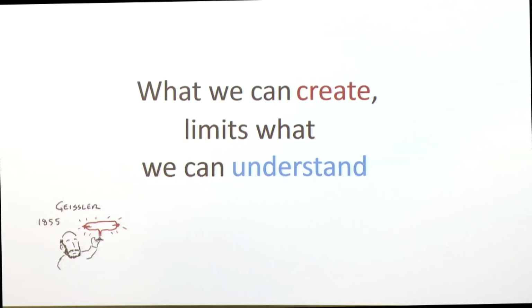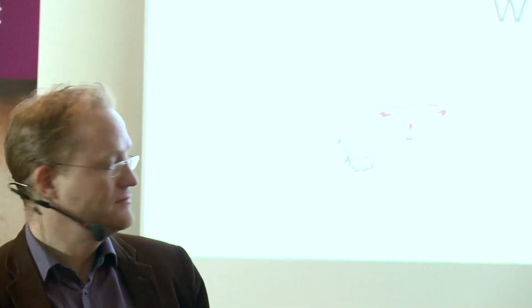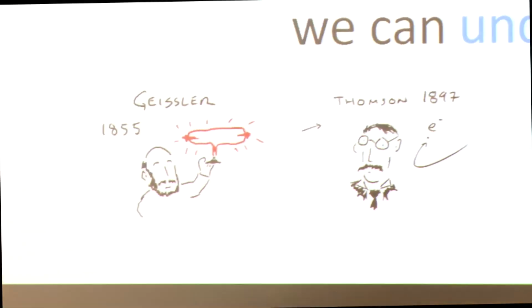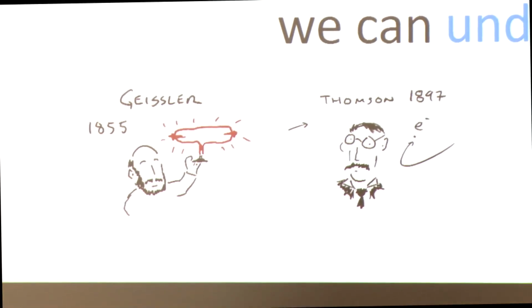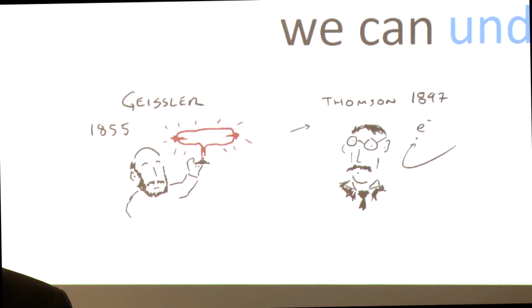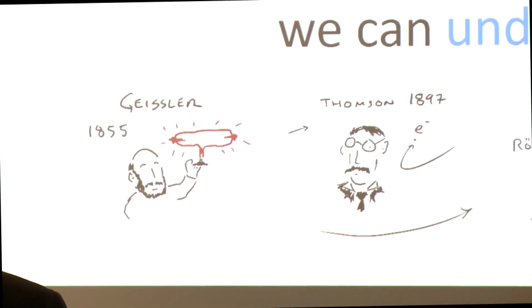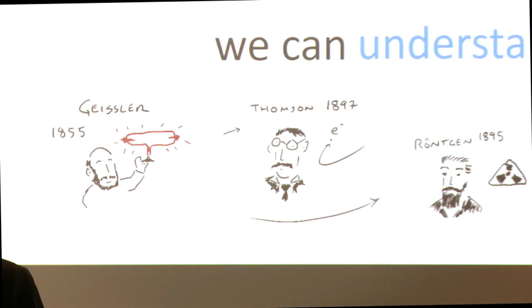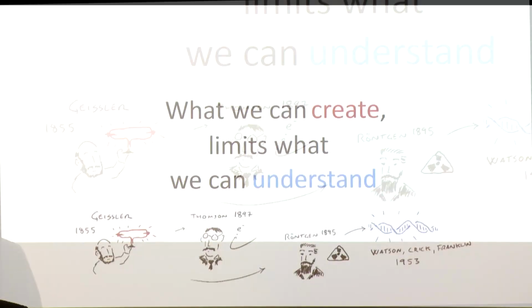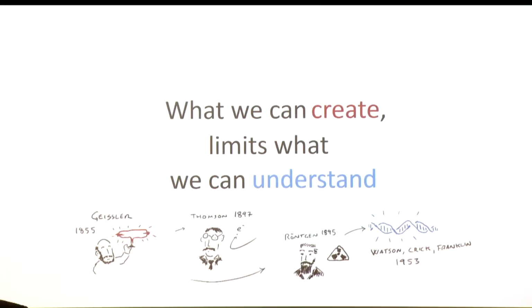But it turned out that these tubes could be played with a lot, and Thomson used them more than 40 years later to discover the electron. And while playing with these tubes, Röntgen stumbled upon X-rays. And now, today, we have an X-ray diffraction image of what DNA actually looked like on a molecular scale.